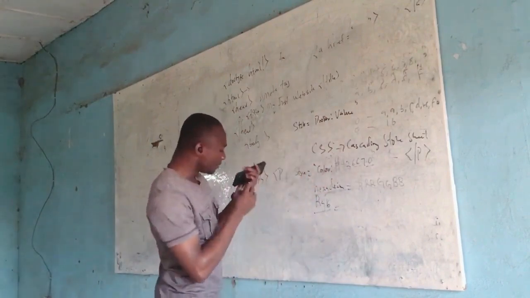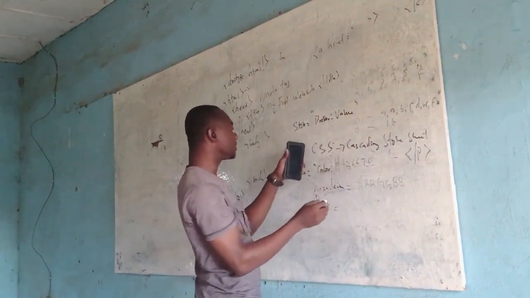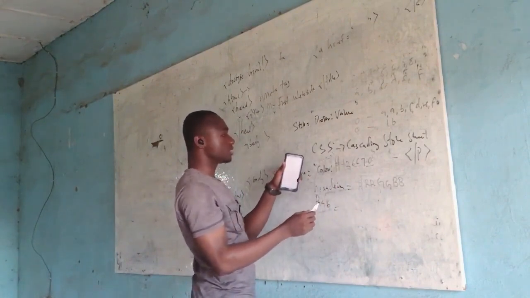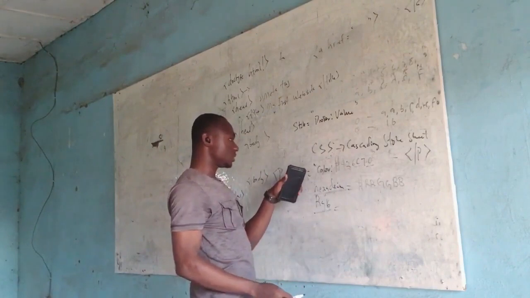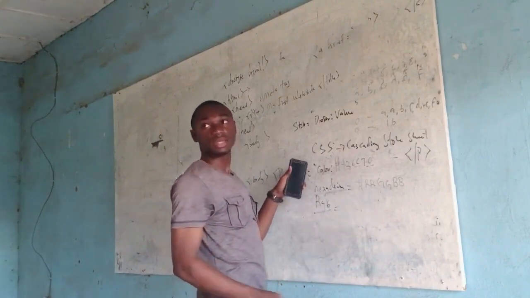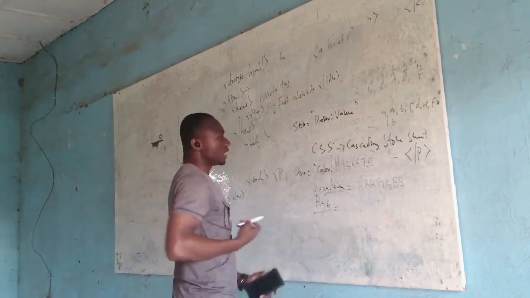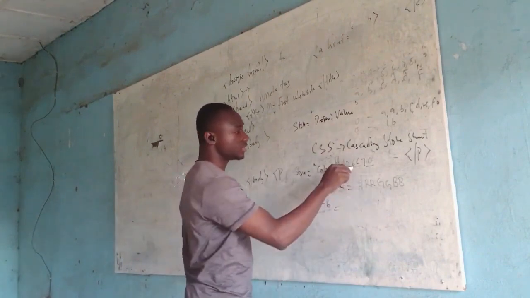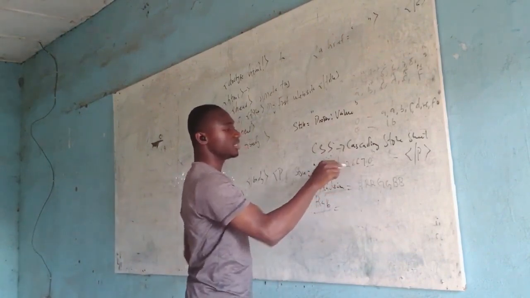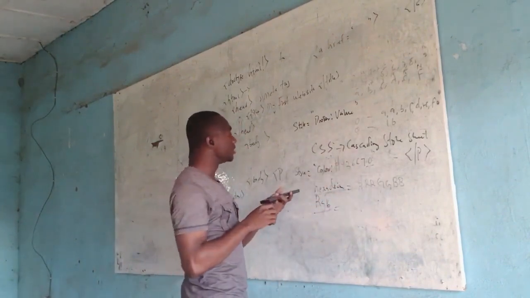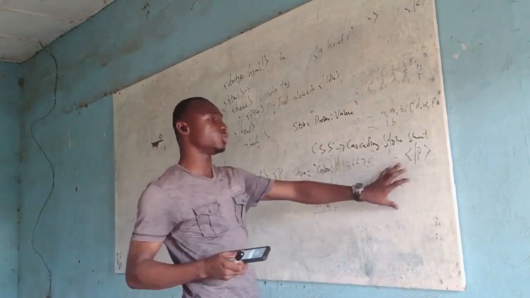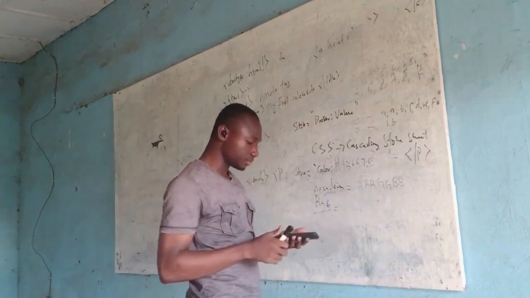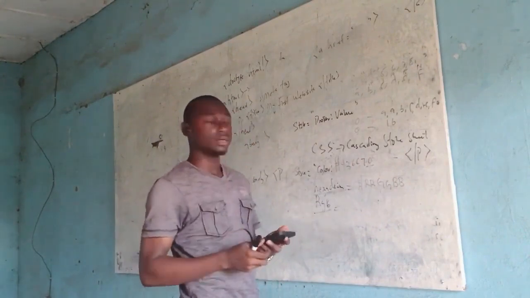Okay, so you have red coming as 8, green coming as 14, and blue coming as 9. So it therefore means that green will be the highest color shade, and this particular text is going to have green as its color. So it's going to be a shade of green.